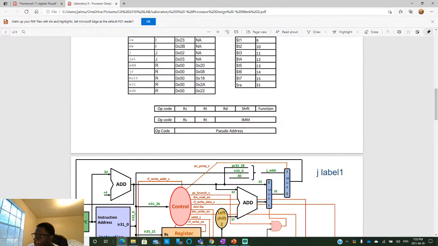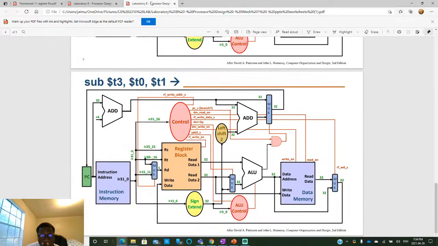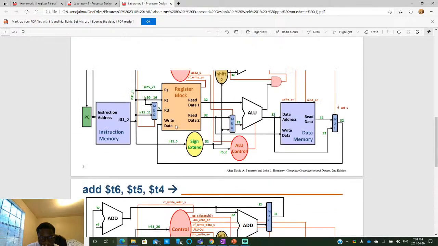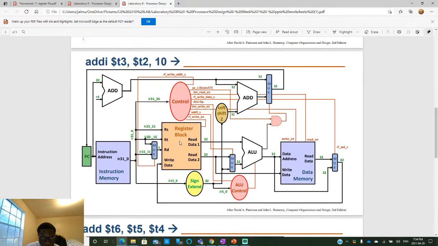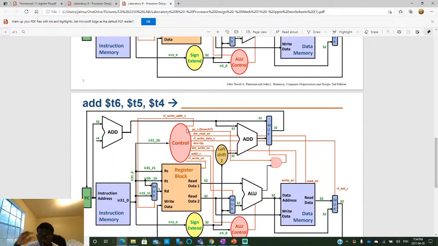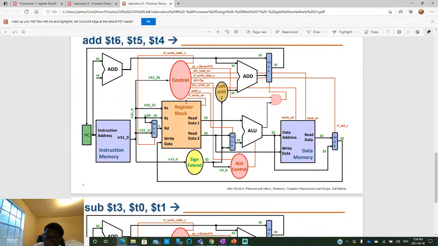Give me 1 second here. So basically, what we're going to do with this example is to trace or walk through what happens in the processor in one clock cycle.